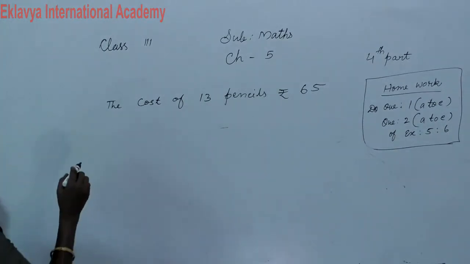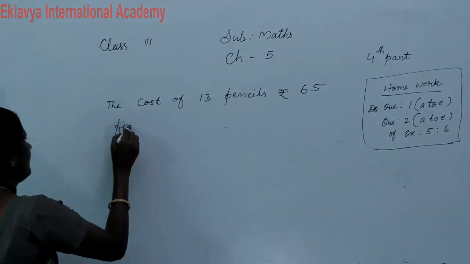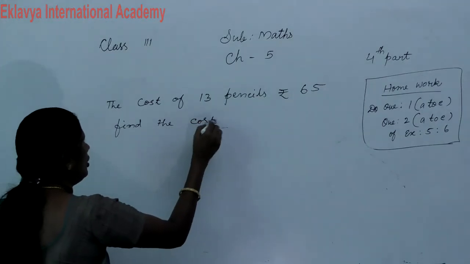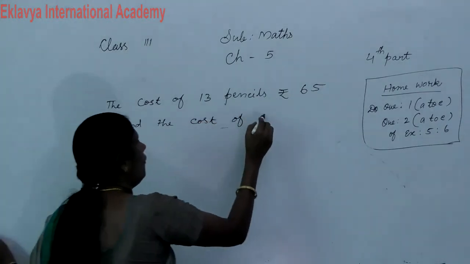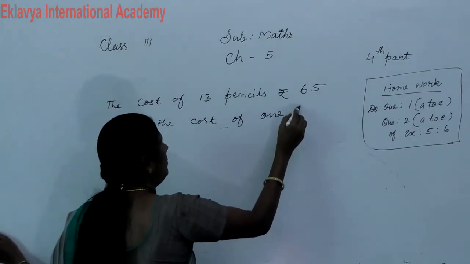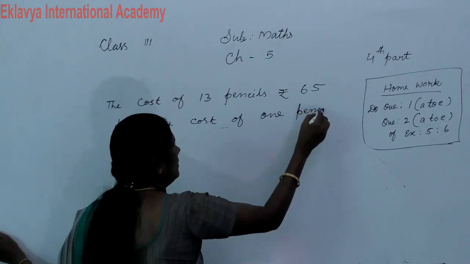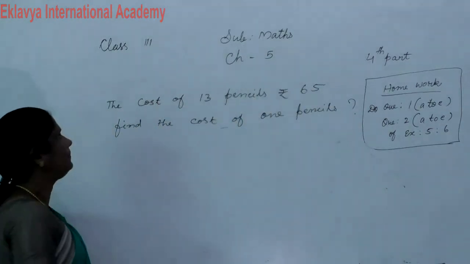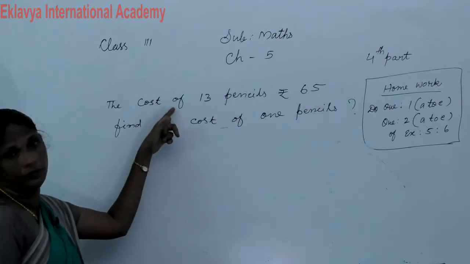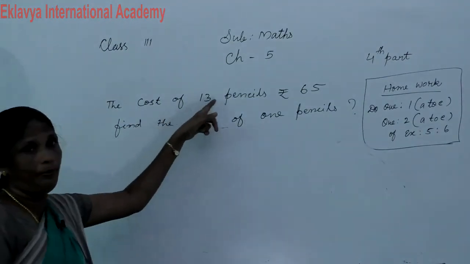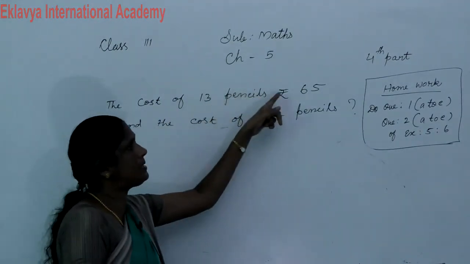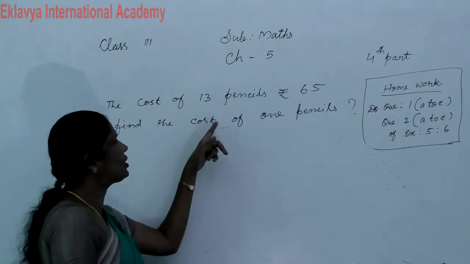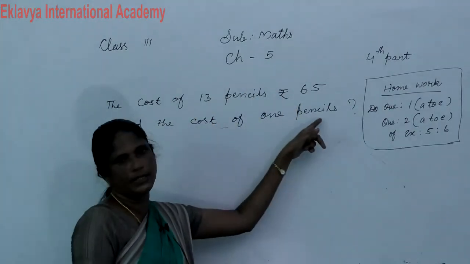Find the cost of 1 pencil. Look here, the cost of 13 pencils, rupees 65. Find the cost of 1 pencil.